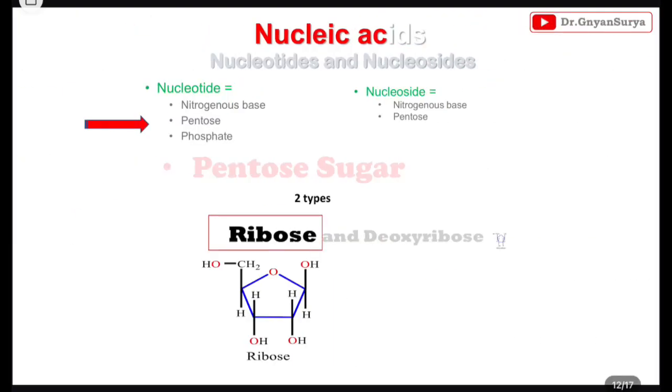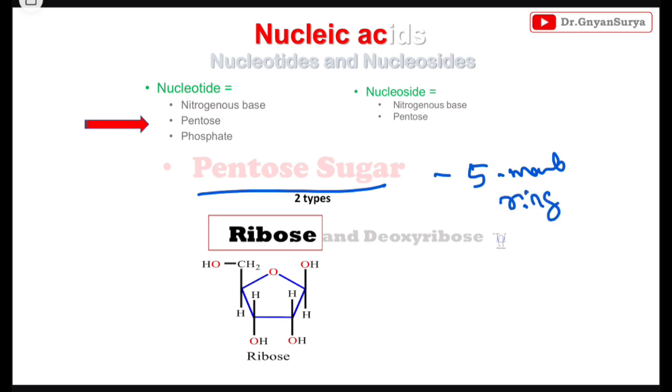Ribose sugar means pentose sugar, which is composed of a 5-membered ring. Pent means 5-membered ring structure, out of which one of the atoms is oxygen. A 5-membered ring with oxygen, and all the basic components of the sugar in it.